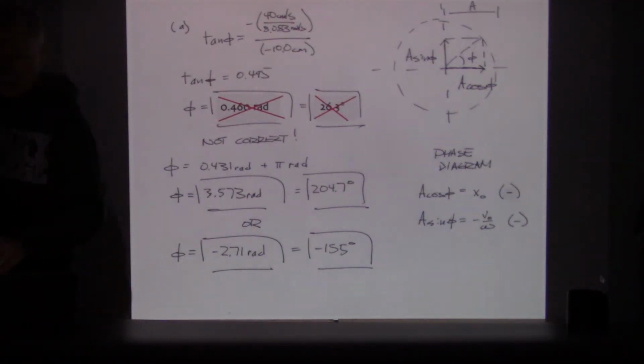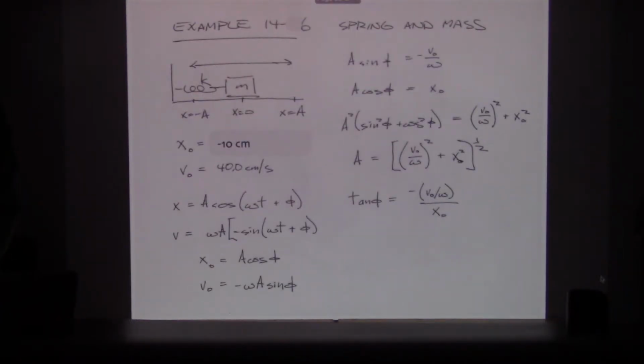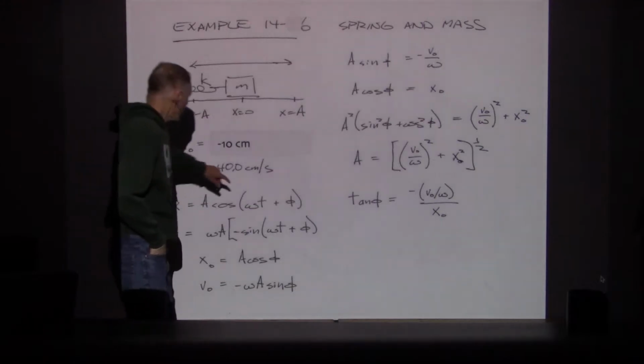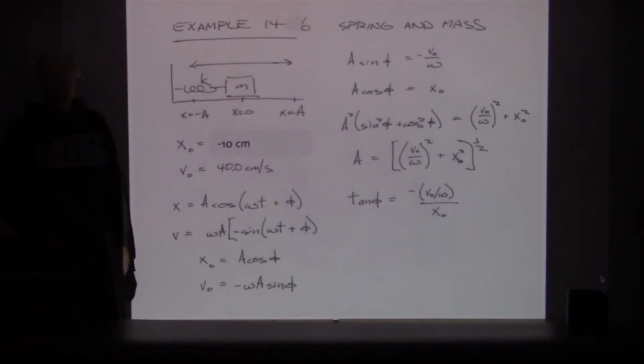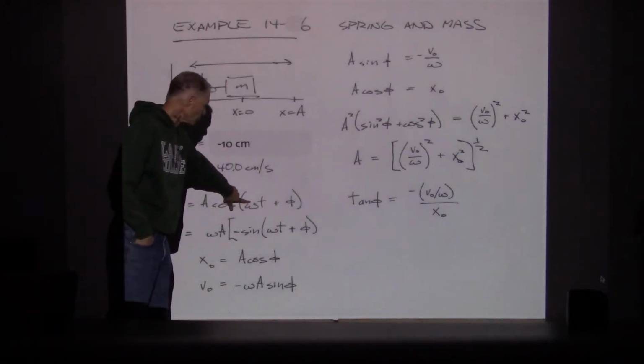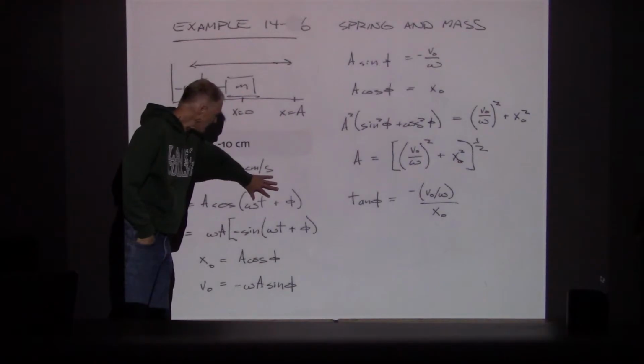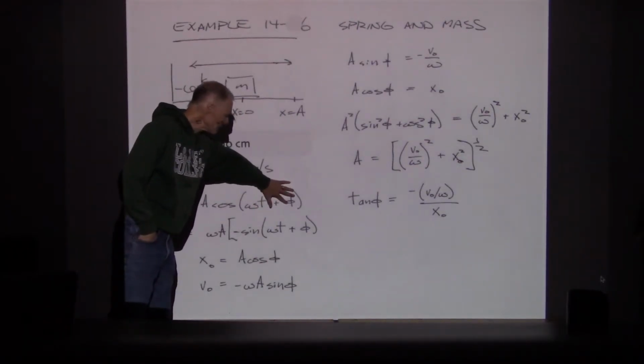The reason we can tell they're radians is this. Remember omega? What were the units on omega? Radians per second, right? So omega t has units of radians, and that means this needs to have radians too.